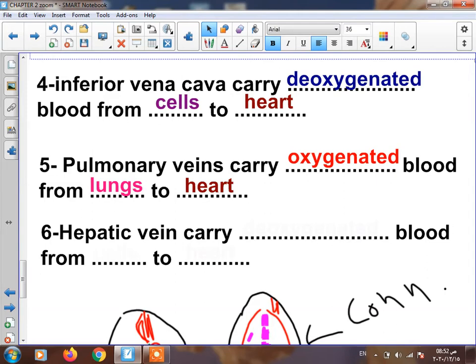Last question here: hepatic vein. What is that? Even if we do not know what the hepatic vein is, no problem, the same answer. All veins carry deoxygenated blood, meaning carbon dioxide. From what to what?